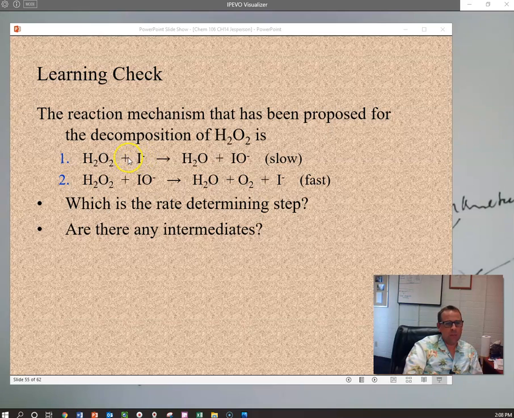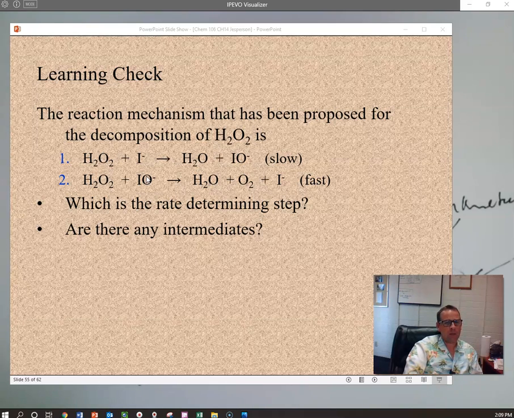So because I've put this into the container to start with, it's not an intermediate. It doesn't appear in the middle of the reaction. It's there in the beginning. So that's how I would know that the I minus is not an intermediate. But the IO minus just appears from the first step and then it's consumed in the second step. That's how I know that the IO minus is an intermediate.